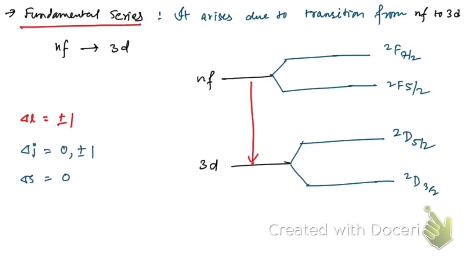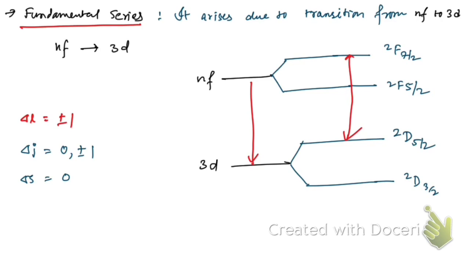So here you see for both cases D and F spin quantum number is half, so del S is going to be 0, so this rule is obeyed here. And let me check the transition from this top level to this one.